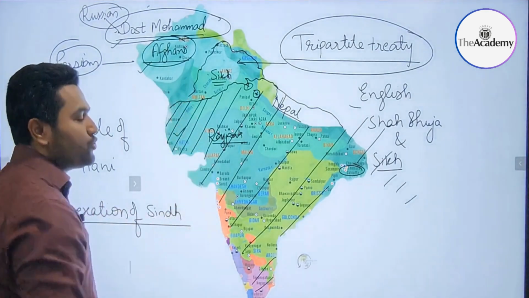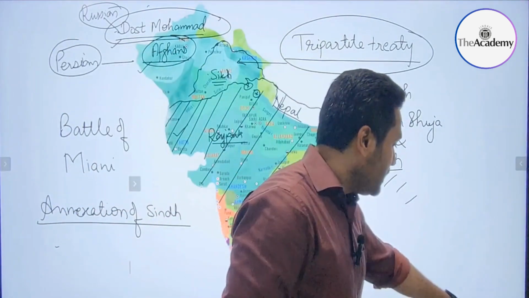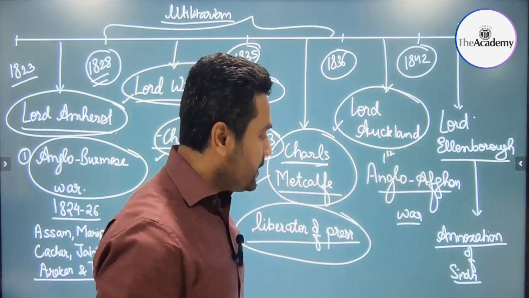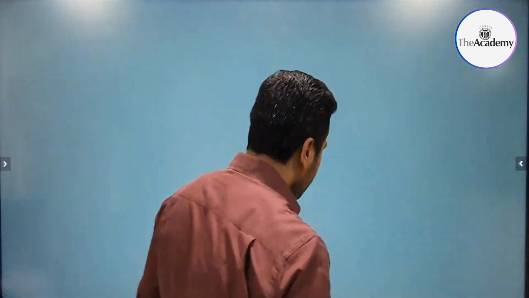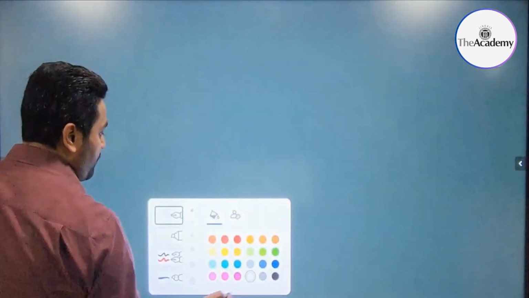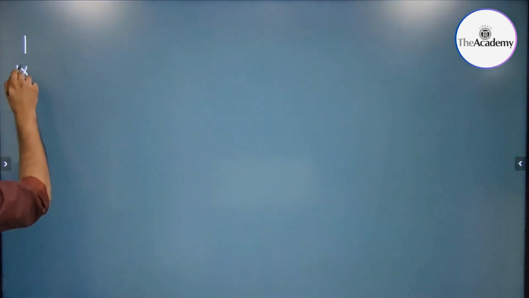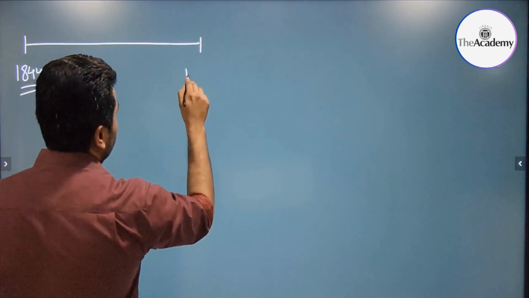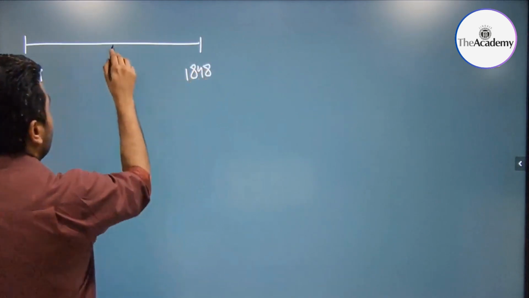So Sindh was capitulated. The task had been performed by Lord Ellenborough. And so in 1844, Ellenborough was replaced by Lord Hardinge.